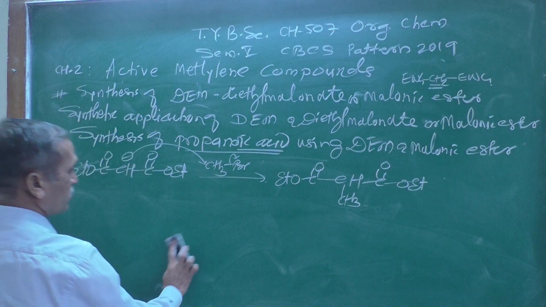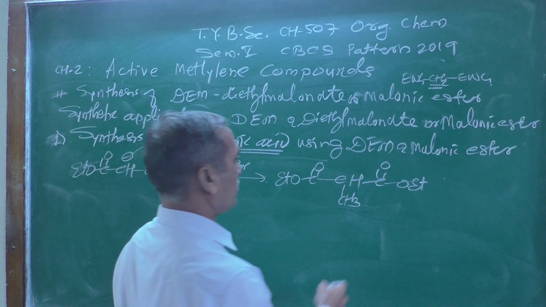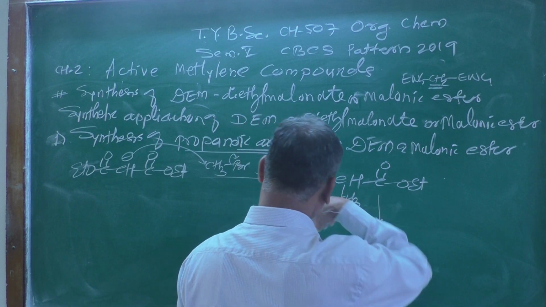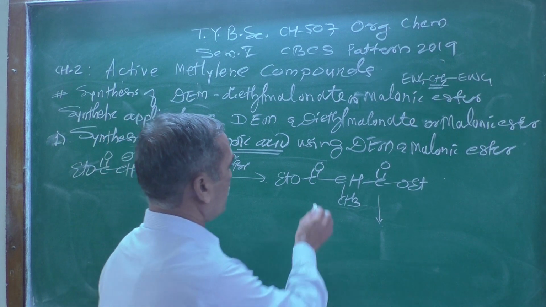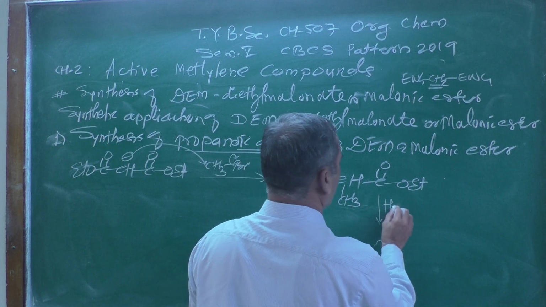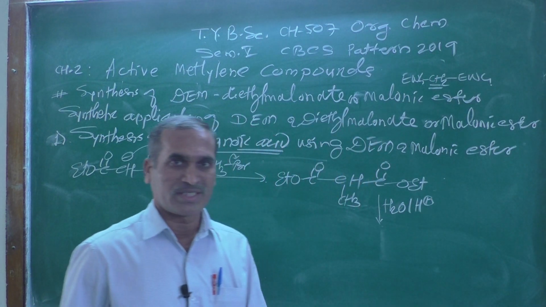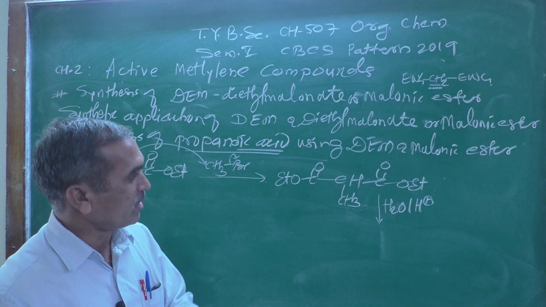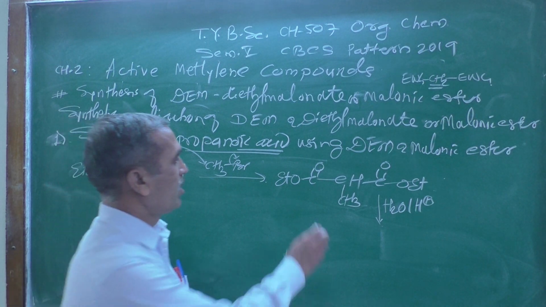I am cleaning this board so that you can see properly. Next point, as we have discussed in our previous lectures, is hydrolysis: H2O in presence of H plus. Hydrolysis is a process where the ester group gets converted into acid.